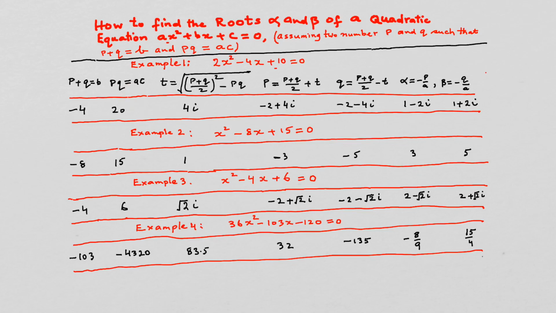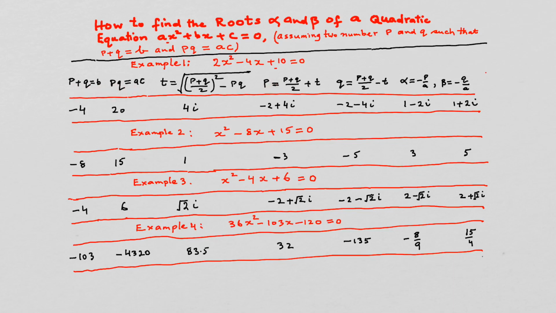We find a variable t whose value is obtained from the sum p plus q and the product p into q. This is calculated and shown here. The purpose here is to be able to find p and q separately by using their sum p plus q and their product p into q.